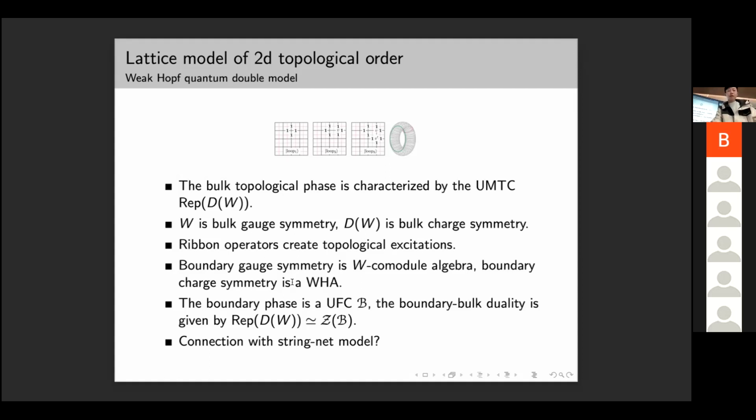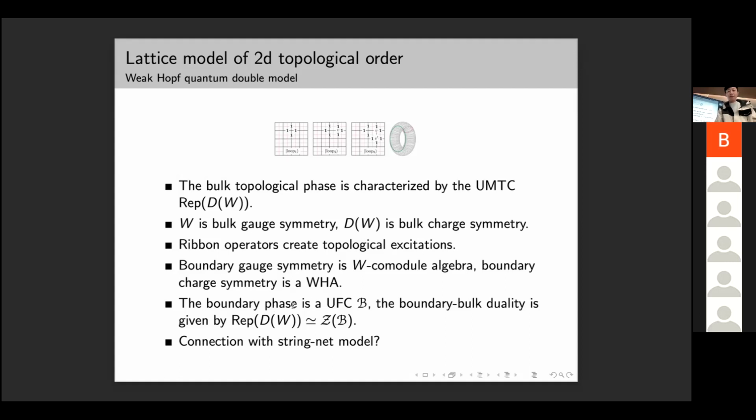And for the general Hopf case, we have not found a clear relation between the 1D gauge symmetry and the 1D gapped boundary charge symmetry. For the Hopf algebra, we know that they are related by the smash product because there is a very clear relation between them.